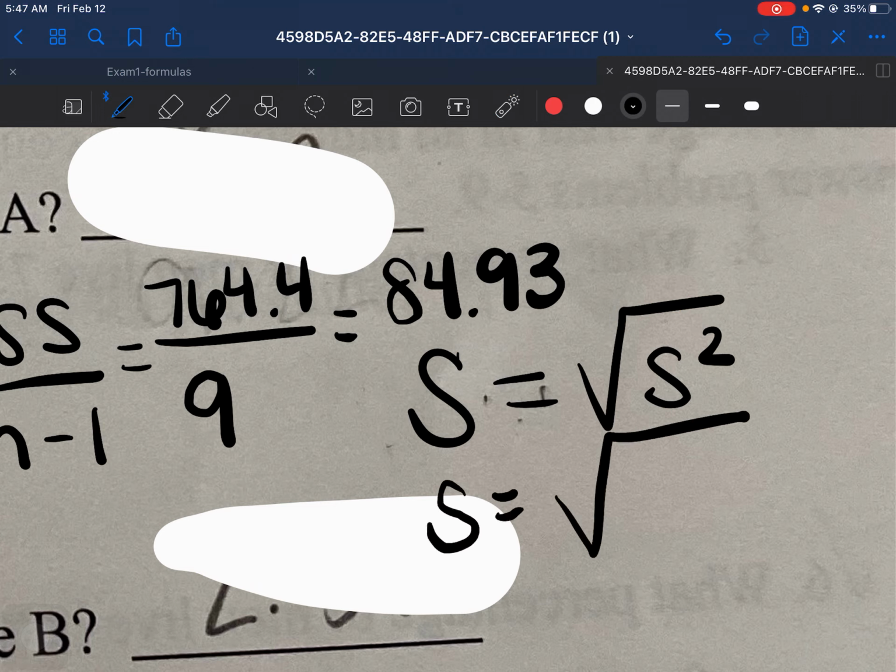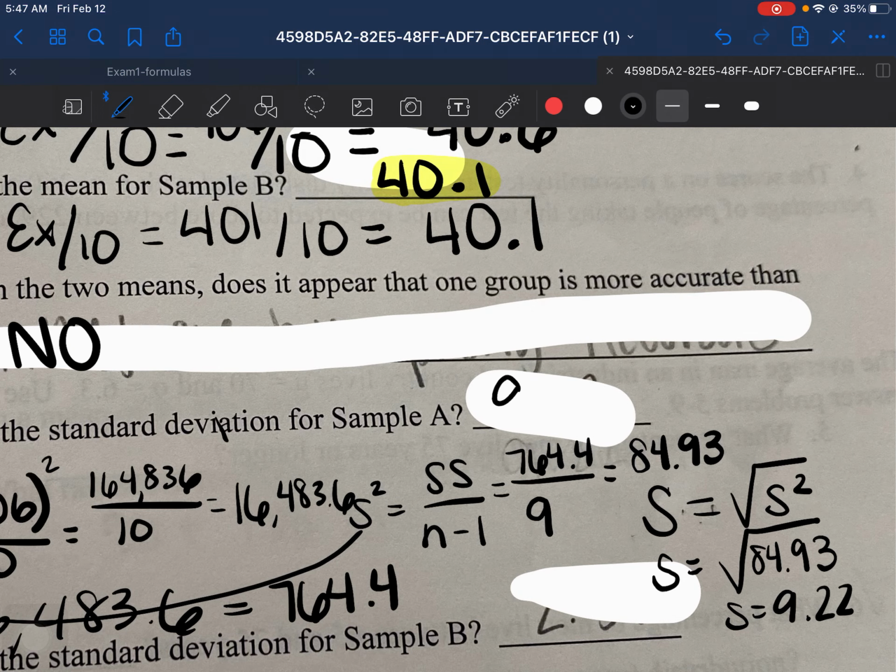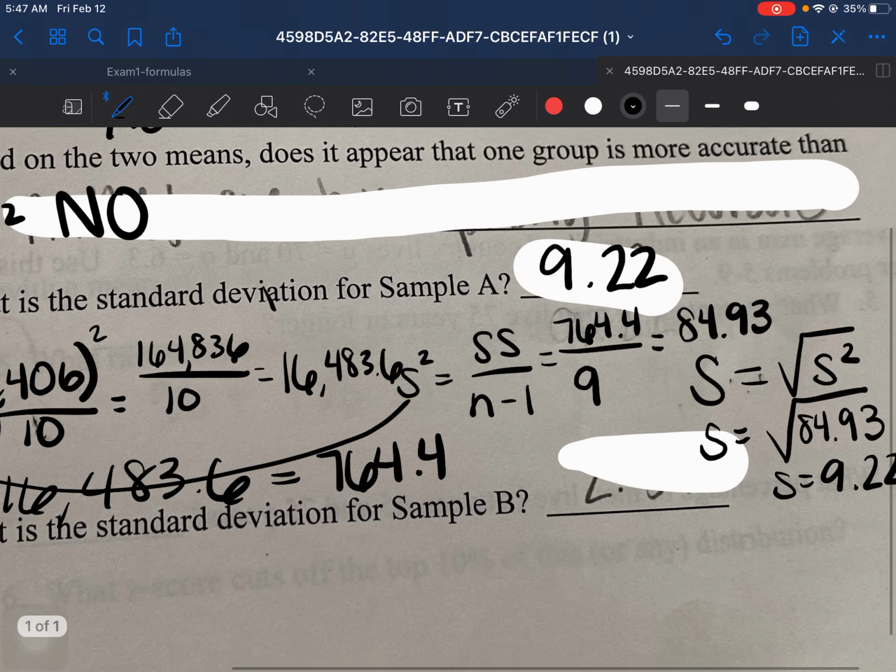So the standard deviation is the square root of the variance, which was that 84.93 that we just found. So I am just going to use my calculator to find the square root of that 84.93. And that gives me 9.22. So our answer for that one is 9.22.